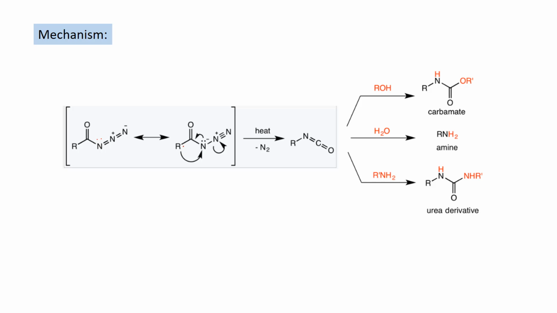The R group shifts from carbon to nitrogen and this N2 is eliminated and forms this isocyanate. So whenever you see an acyl azide, it undergoes this type of thermal decomposition to form this isocyanate.